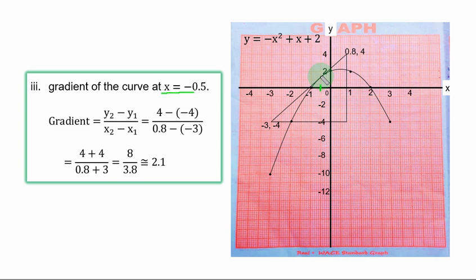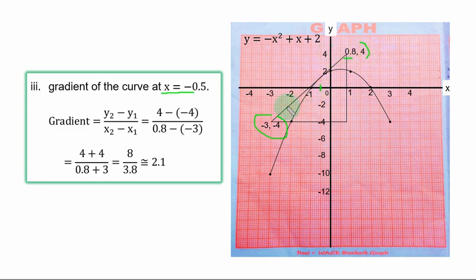After drawing the tangent, you can form a triangle from it. From this point, s is minus 3, y is minus 4. That is what you have here. From this point, if you trace to the x-axis, you have 0.8. If you trace to the y-axis, you have 4.